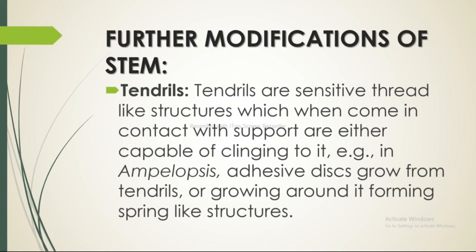The next type is the tendrils. Tendrils are sensitive thread-like structures which, when they come in contact with a support, are capable of clinging to it, for example in Ampelopsis, where adhesive discs grow from the tendrils, or of growing around it, forming spring-like structures.